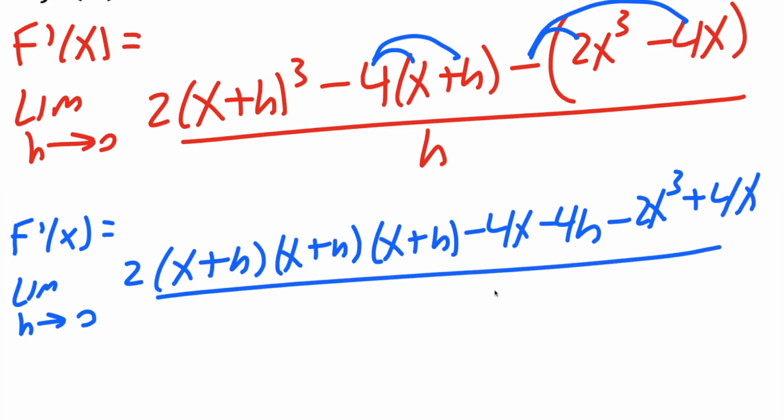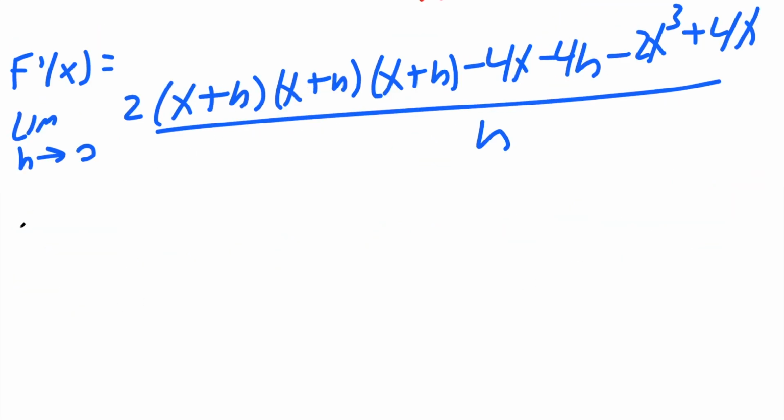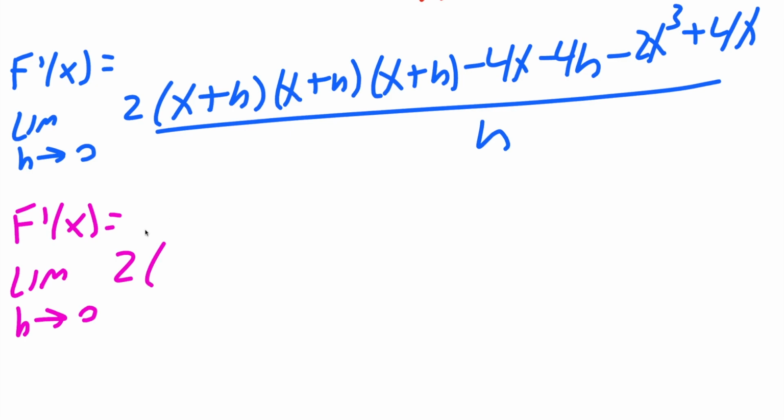all over h. Next we can expand 2 of these pieces, so we'll just do that right now. So the derivative of f of x is equal to the limit as h approaches 0. So we have 2 times (x times x is x squared, x times h is xh, x times h is xh also.